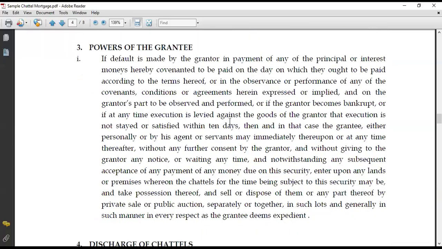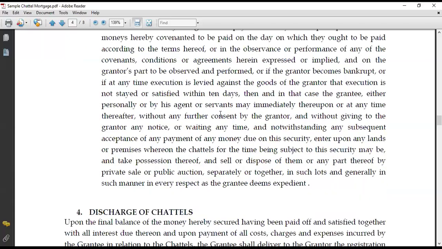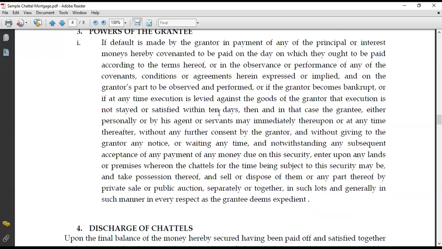So what are the powers of the grantee? Very, very important. That is another clause. If default is made by the grantor in payment of the principal money hereby covenanted to be paid on the day, what happens? What usually happens? You apply your knowledge of the Act.